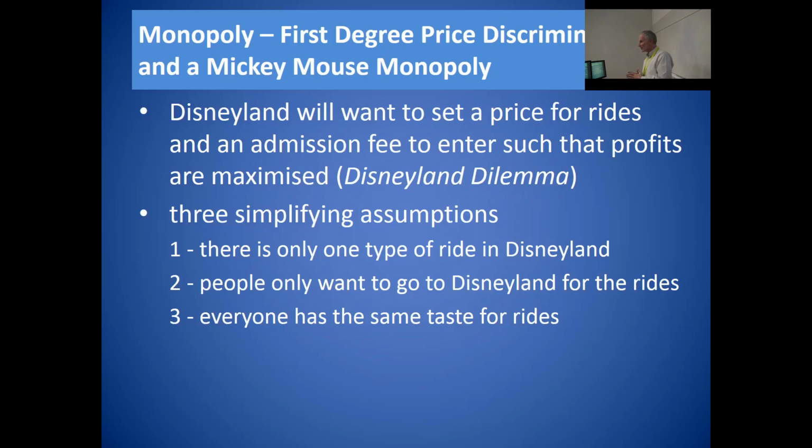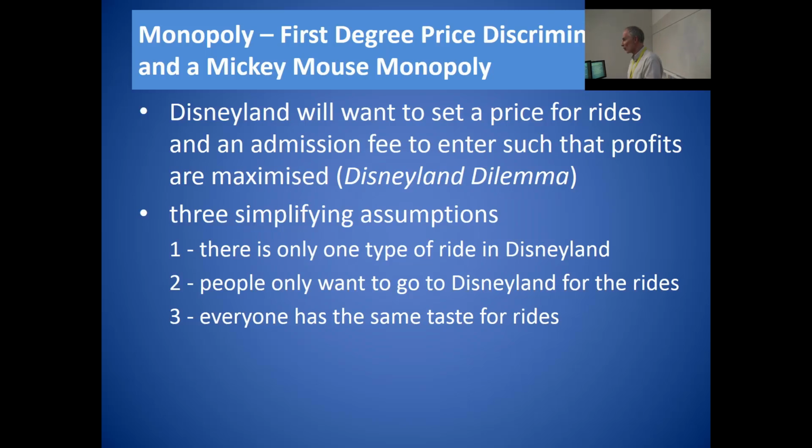So, within this context, with those simplifying assumptions, Disneyland needs to think: okay, I can charge people an admission fee, and then when they're in the park, I can charge them for the rides. How does it optimally set both prices such that it maximises profits?